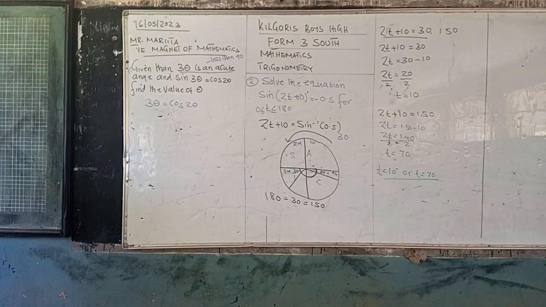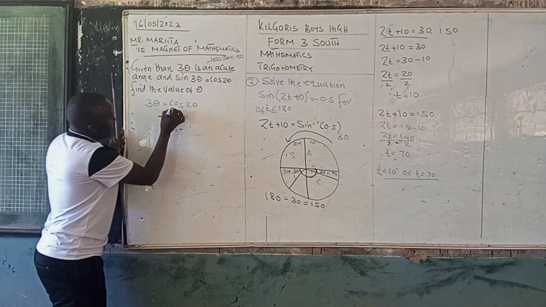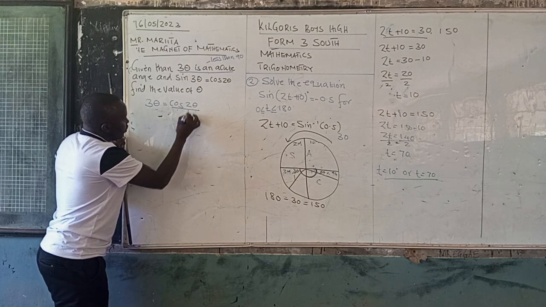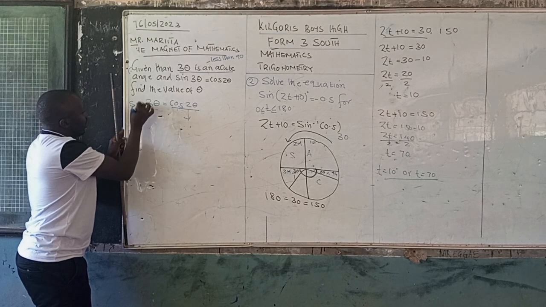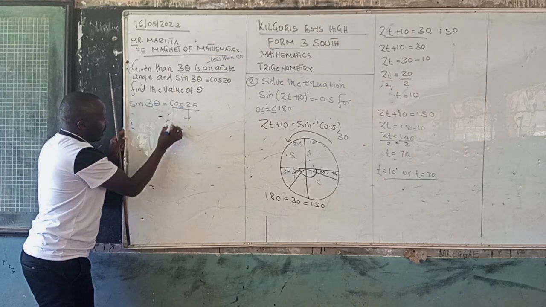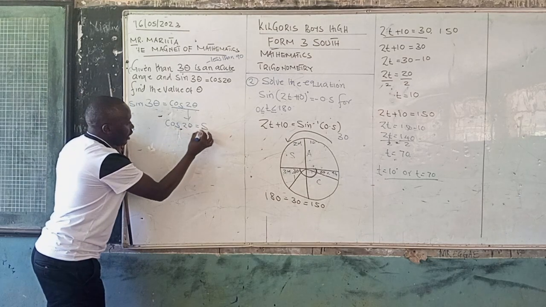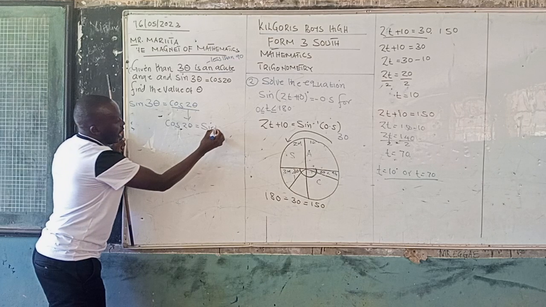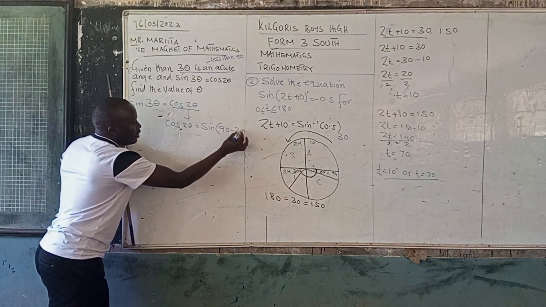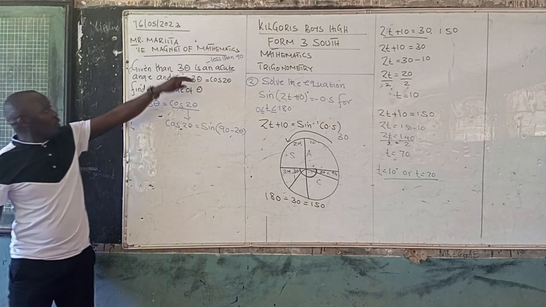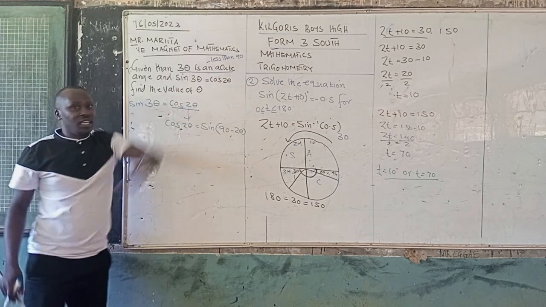You need to understand that if this is an acute angle, you can express cos 2 theta in terms of sine, and this is sine 90 minus 2 theta, because the angle is less than 90 degrees.